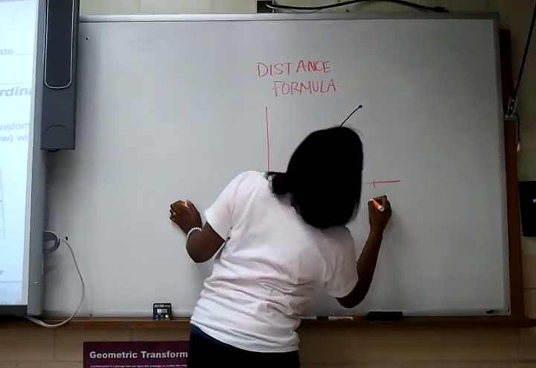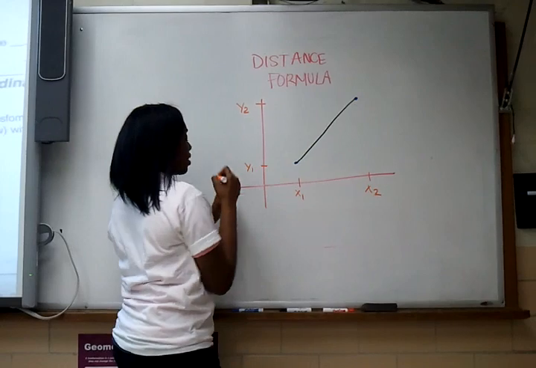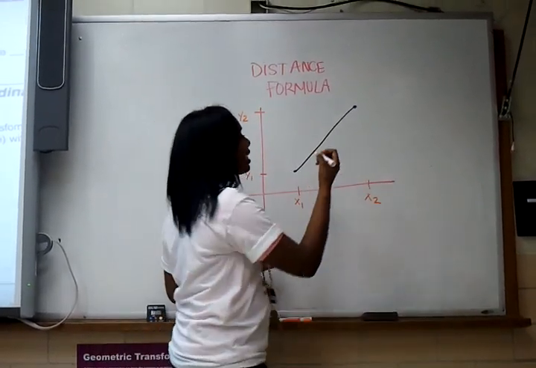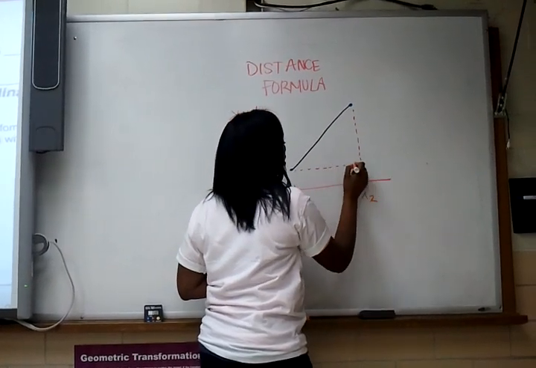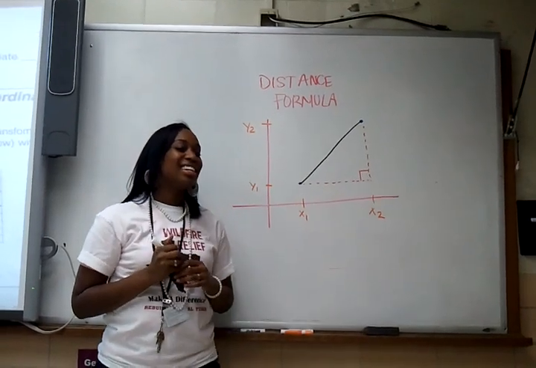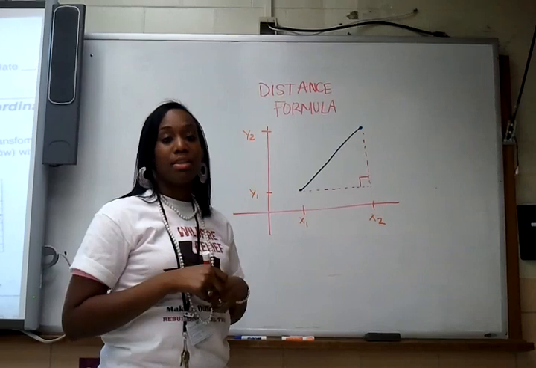This point is at x2, y2. Okay? And I noticed that I can make some dashed dotted lines and connect them. And what does that make? You're right, a right triangle. So that's when we can use our Pythagorean theorem.